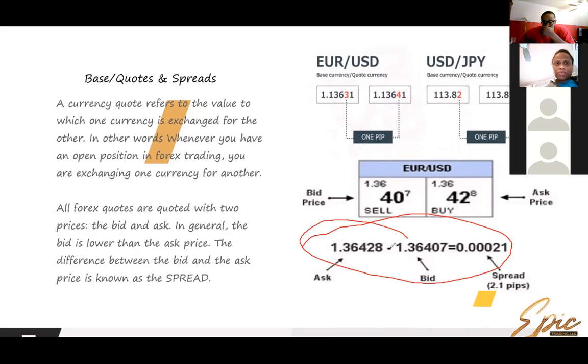I think I know what it is. I believe when you're selling, up here, that's where this number comes from, 1.36428, subtract 1.36407. That's what I'm thinking.